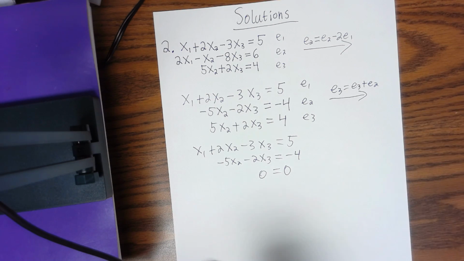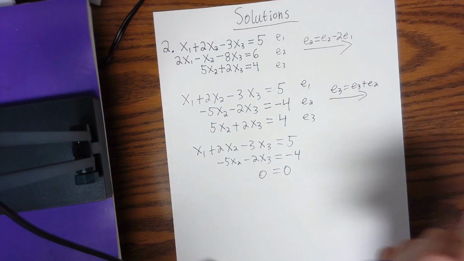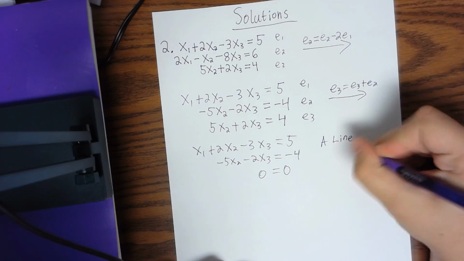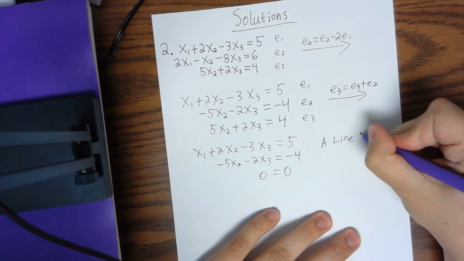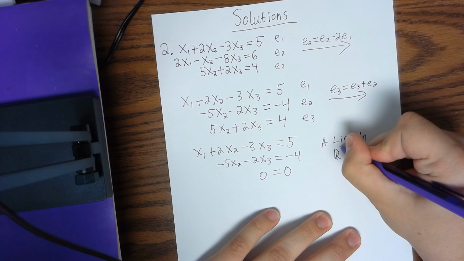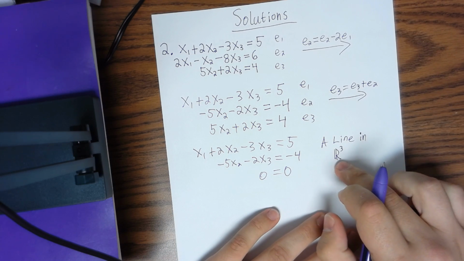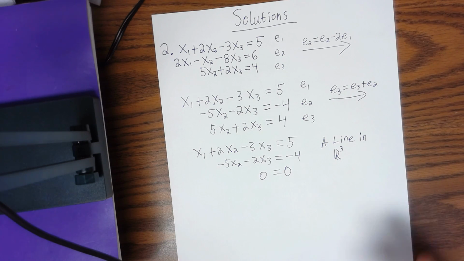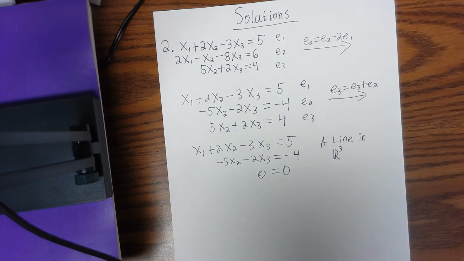So x3 will vary. So this is actually going to be a line in R3. I don't know if you've seen this notation. That just means three-dimensional space, because we have x1, x2, and x3. So how do we figure out what this line is?